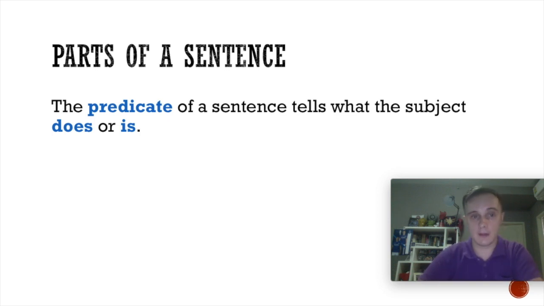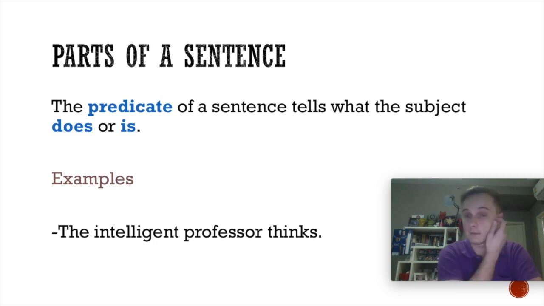So, got some examples. Well, the same examples actually. The intelligent professor thinks. So you should remember what the subject of that sentence was. Now I want you to think, what is the predicate of that sentence? So, the intelligent professor thinks. Take a second and tell me what the predicate is. Okay, thinks.